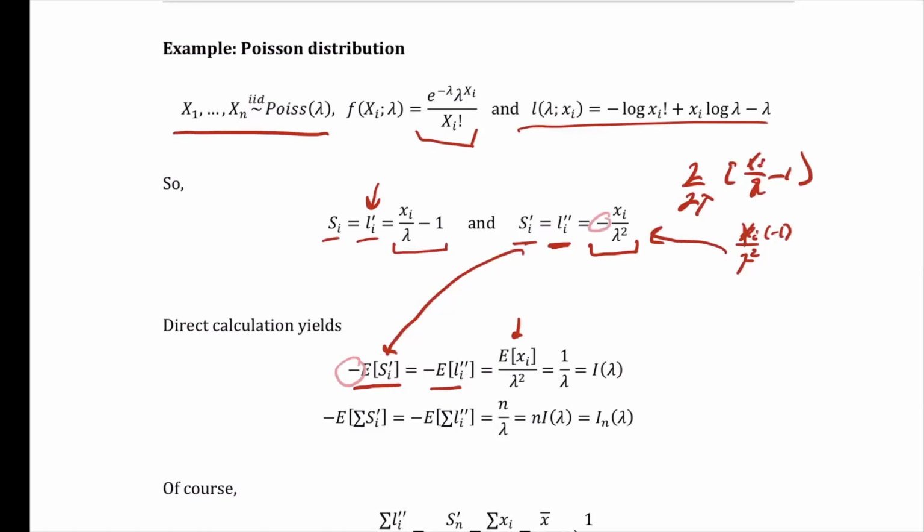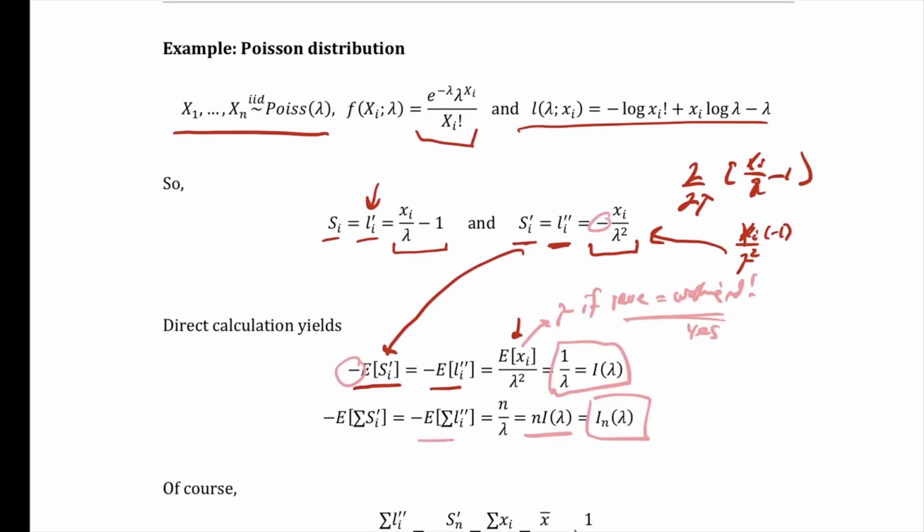The expected value of the xi is lambda if the true model equals the working model, right? Which we are assuming yes for the moment. So then I get 1 over lambda, which is the information, as it should be. And in fact, if I add in the sum here, I just get an n. And this is the information in n observations.